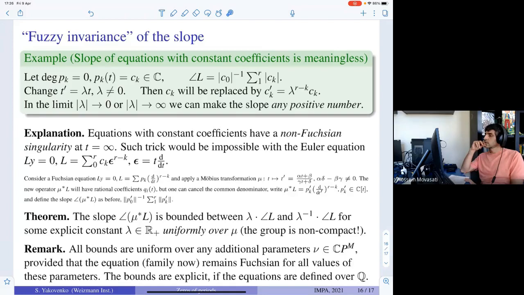Then there comes a non-trivial result. Suppose you have a Fuchsian equation. Then you can apply a whole group of transformations, a Möbius group of transformations, which consists of conformal isomorphisms of the sphere.